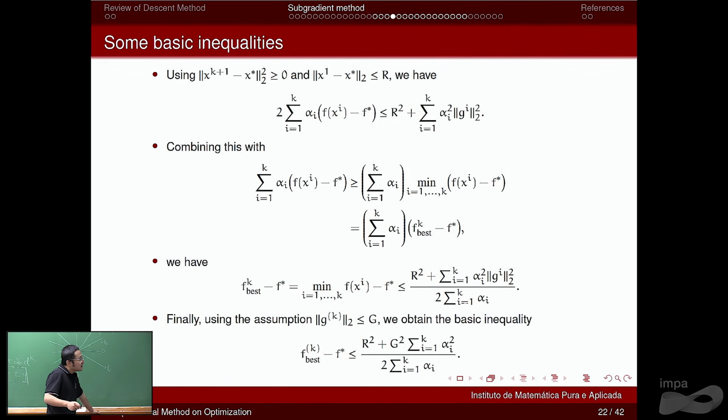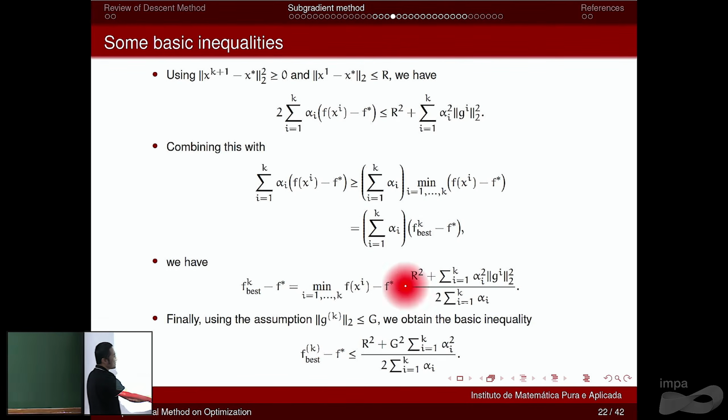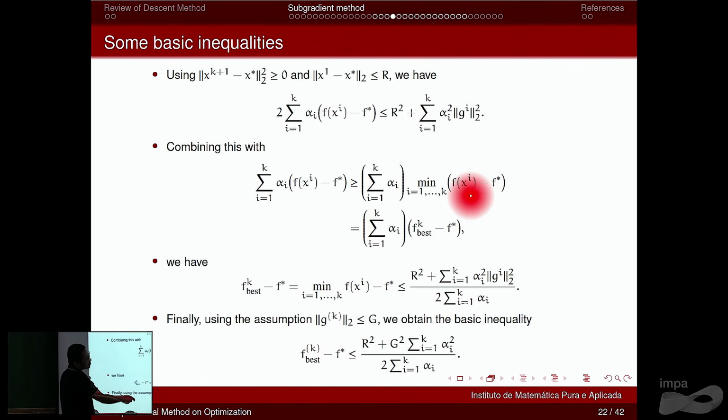And we analyze the left side of this inequality. We can have this summation is greater than the summation of the step size times the minimum of f of xi minus f star, we can take the minimum of both terms. Actually, f star is already fixed, because this is the optimal value.